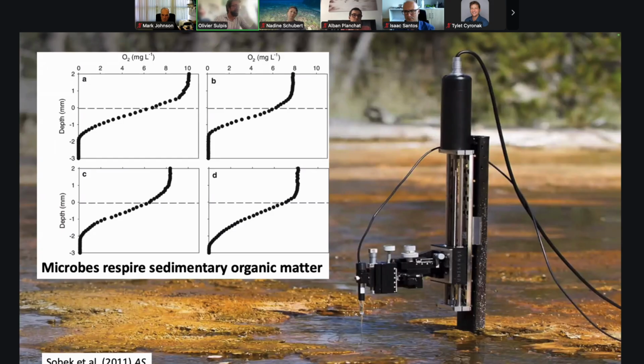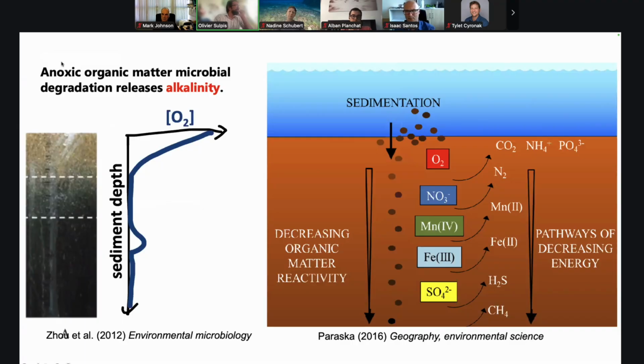That's because we have microbes that live in those sediments. They respire, they eat the dead organic matter, they consume oxygen, and they release dissolved inorganic carbon. So, to sum up, the oxygen profiles always look like this. They start at near saturation values, and they quickly decrease to 0. And this is associated with a change in color in the sediment.